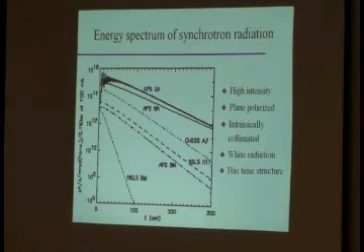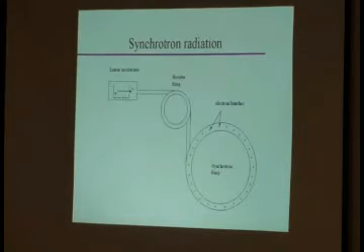There are a couple of additional advantages. Your synchrotron radiation comes plane polarized, so you can do specialized experiments. You don't have to worry as much about collimation because it is intrinsically collimated. One other important thing is it has a time structure. And the reason for that is what you have here are electron bunches that are circulating around the storage ring.